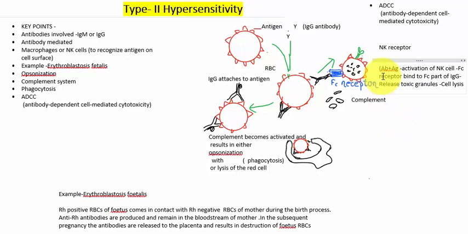So the natural killer cell recognizes the antigen on the surface of the RBC, then it expresses the Fc receptor. The Fc receptor then binds to the Fc portion of the antibody and forms a complex.